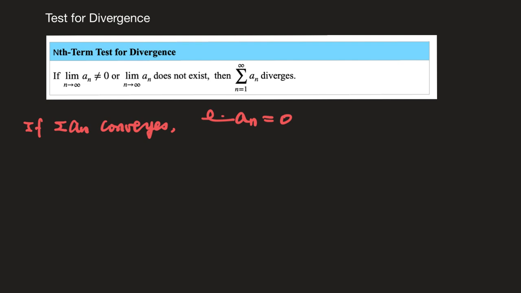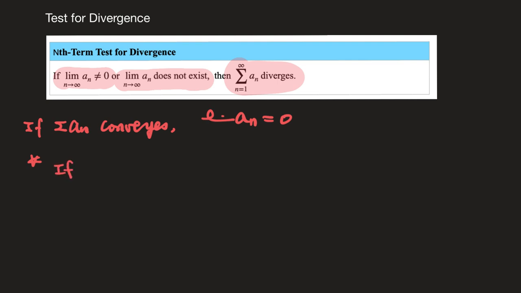Here is the condition: if the limit of the sequence is not 0, or the limit of the sequence does not exist, we say the series is going to be divergent. I'm going to give the example later, but here is the very careful thing you have to see from now on.